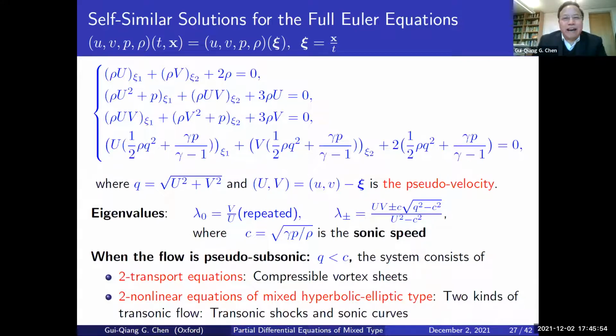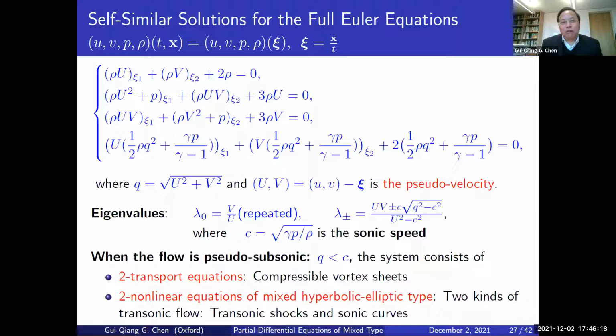Now, if you think about the Euler equations, in the self-similar case you actually have 4 equations. For these 4 equations, you can find the 4 eigenvalues. Then you compute, and you will find actually 2 transport equations, and the other 2 equations are of mixed hyperbolic-elliptic type, as I showed you earlier. Also, you can use the Cauchy decomposition.